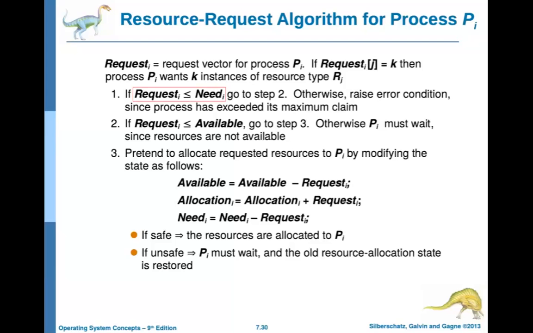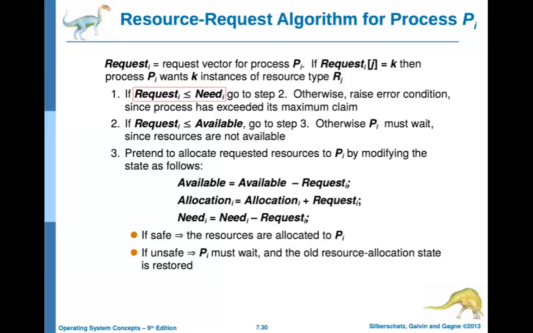Meaning, whether the request vector for process i is less than or equal to need, which we have calculated as max minus allocation.